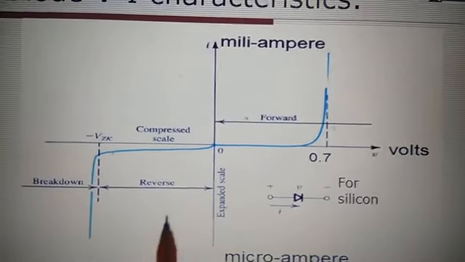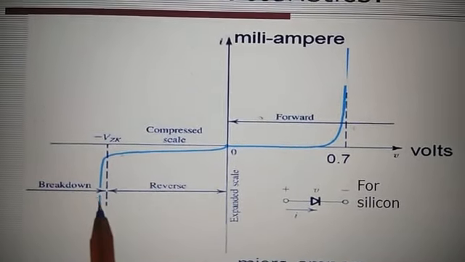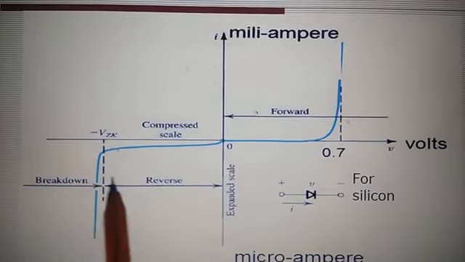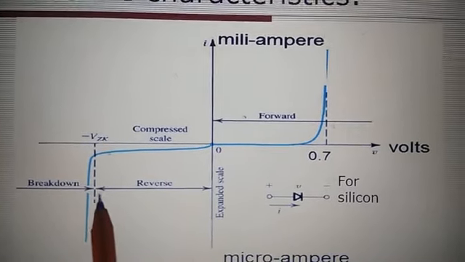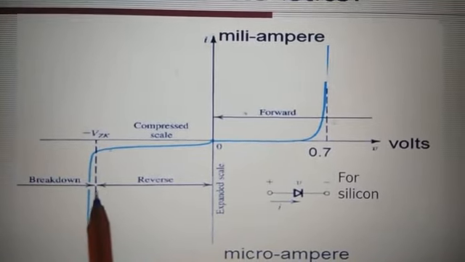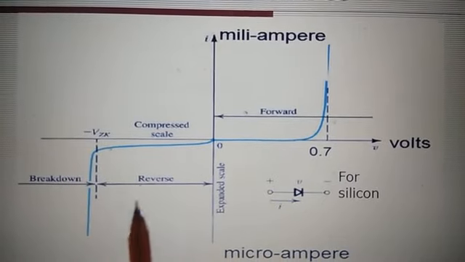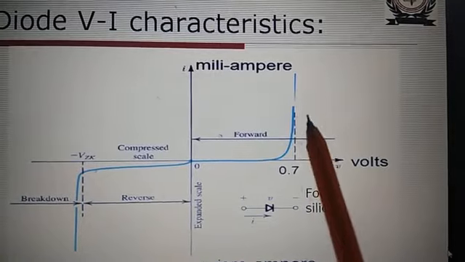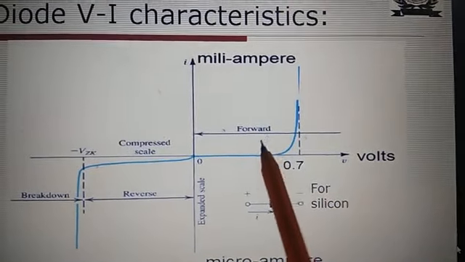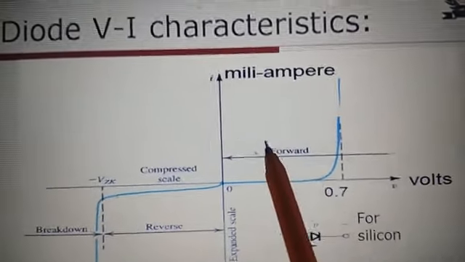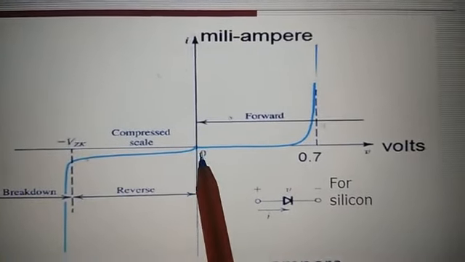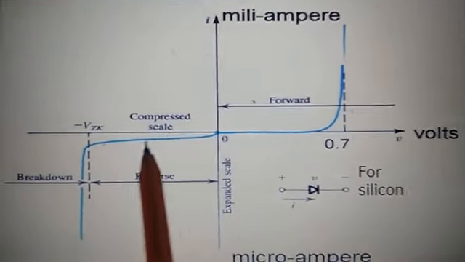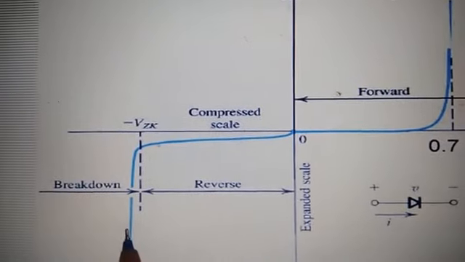This is the reverse bias condition: negative of the diode is connected to the positive of the battery, and positive of the diode is connected to the negative of the battery. And here positive is connected to positive, negative to negative. This is forward bias. So we get the forward bias characteristics here, and this is the reverse bias characteristics.